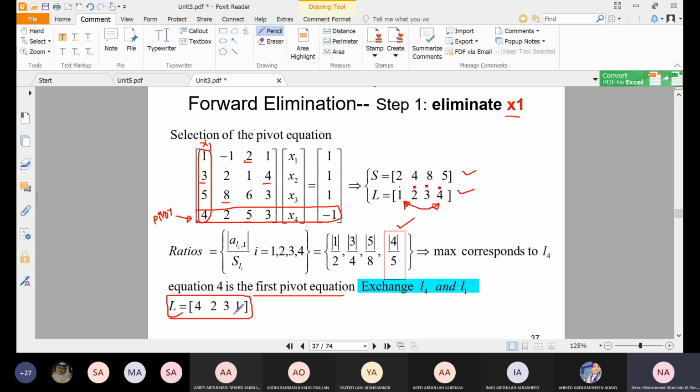So instead of swapping or interchanging the rows in the system matrix, we just do this swapping or interchange in this small vector. So we just eliminate here without any interchange or swapping between the rows. Clear?